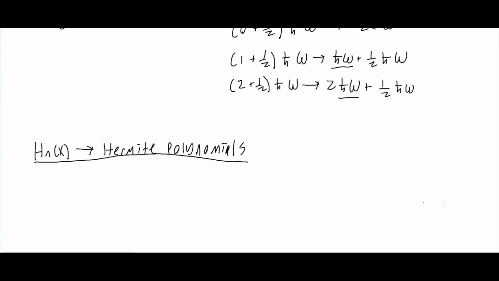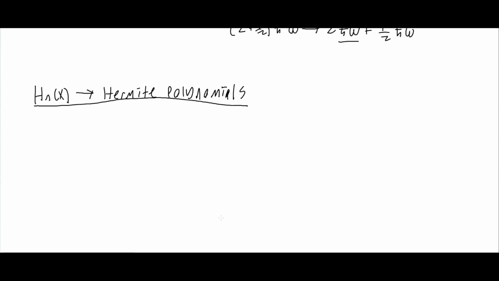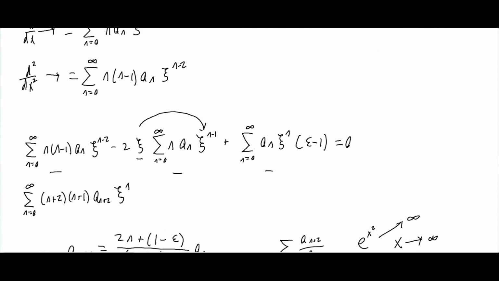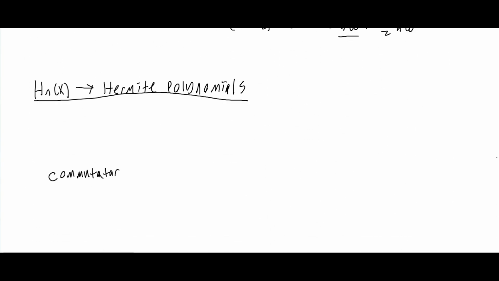I probably won't spend as much time on it, but in the video after the next one, I will probably look at what is called the algebraic approach, or sometimes the commutator approach. But I'm not going to spend as much time on that. I think the analytic approach is a little bit more intuitive, and it's the way of doing it that I prefer, but this is a valid way of doing it. So I will talk a little bit about that in a couple videos from now.